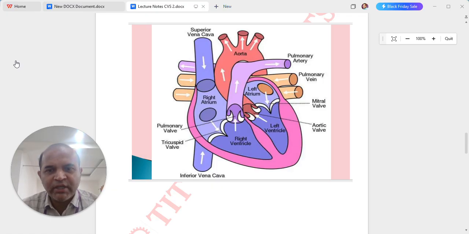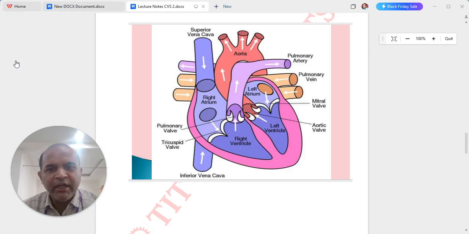So the heart has four chambers: right atrium, right ventricle, left atrium, left ventricle, and the tricuspid valve, bicuspid valve, pulmonary valve, and aortic valve. The superior vena cava and inferior vena cava carry the blood from the body to the heart, and the aorta carries the blood from the heart to the body.